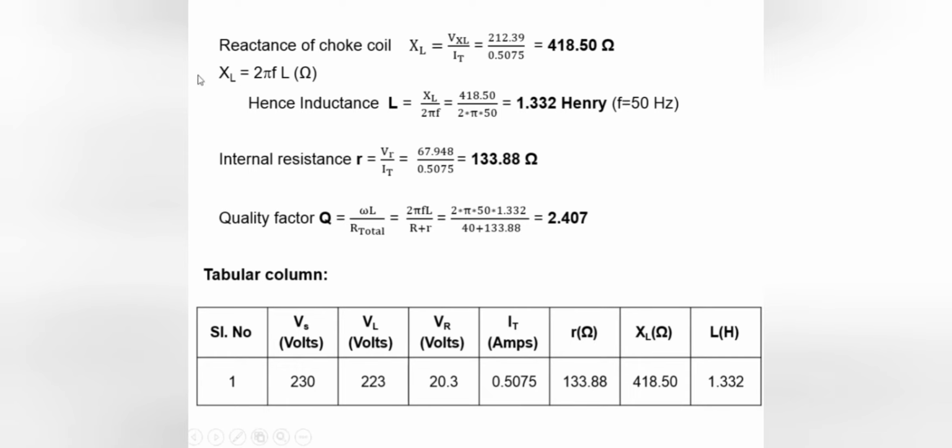XL, the reactance of the choke coil, we know, and the frequency is 50 Hz. The unknown parameter is L. So inductance L will be XL divided by 2 pi F. Substituting the values, you get the inductance as 1.332 Henry. The internal resistance is VR by IT. Substituting the values, you get R as 133.88 ohm.